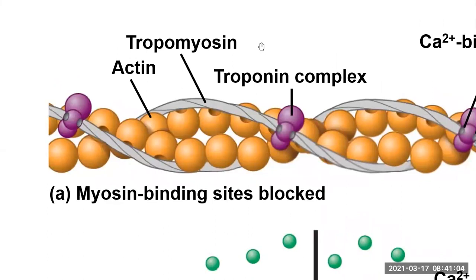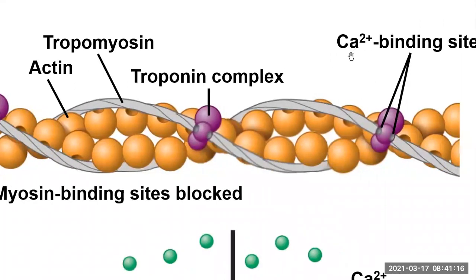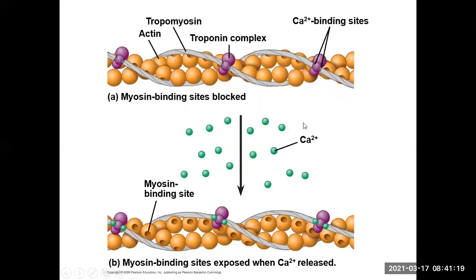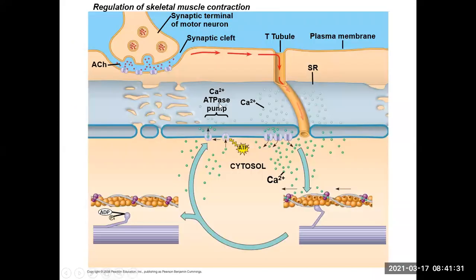The nervous system stimulates the muscle fiber, or the muscle cell, to release calcium ions. The calcium ions are already stored in the muscle. That's why we always say calcium is a very important mineral for muscles.